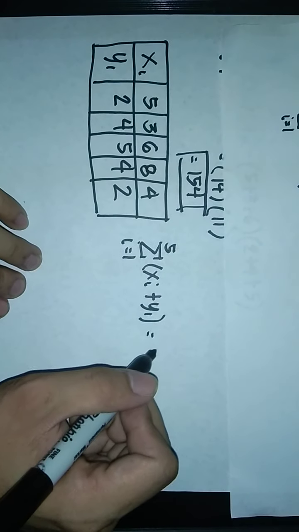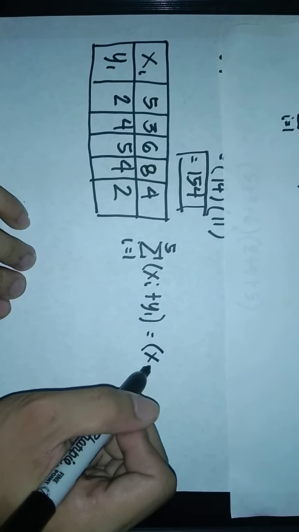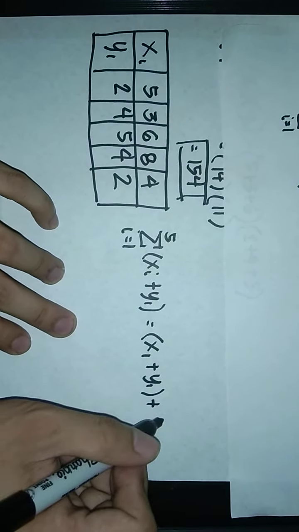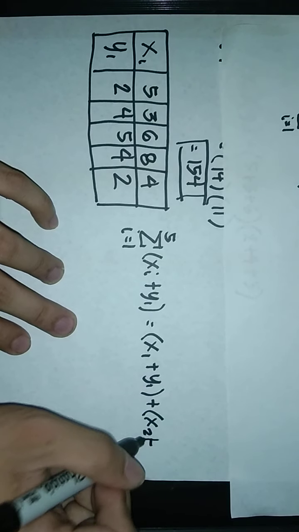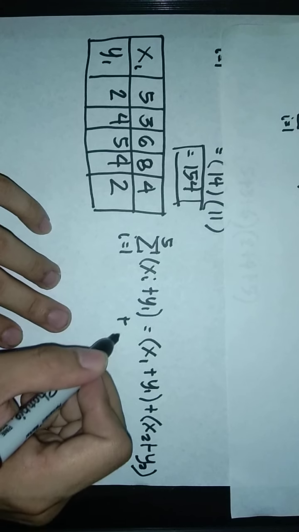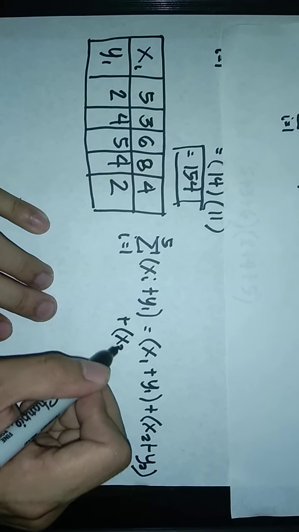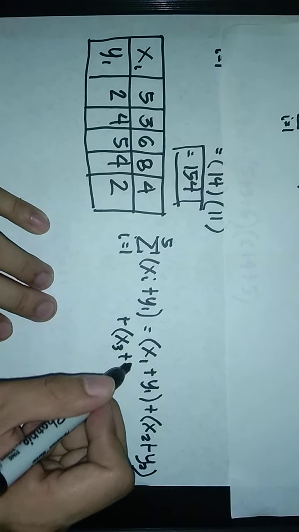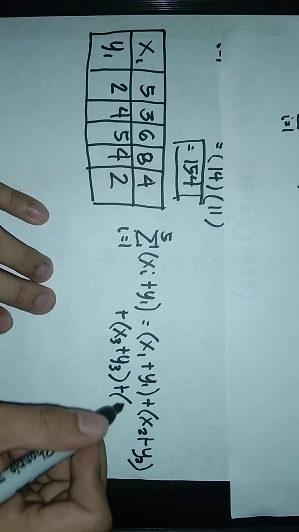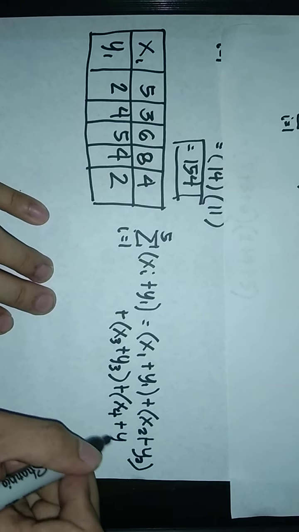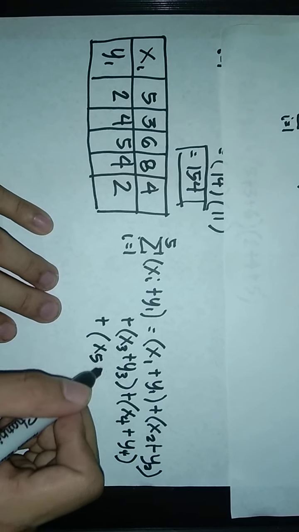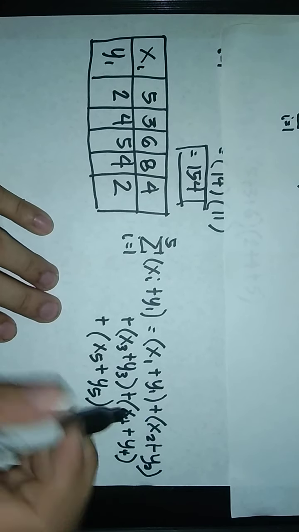So meron tayong formula na x sub 1 plus y sub 1 plus x sub 2 plus y sub 2 plus x sub 3 plus y sub 3 plus x sub 4 plus y sub 4 plus x sub 5 plus y sub 5.